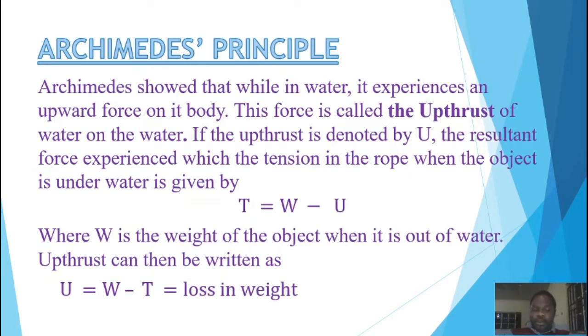Then the upthrust can be written as U = W - T, which is equal to the loss in weight. So whenever an object is in water, the loss in weight is equal to the upthrust, which is equal to the weight minus tension.